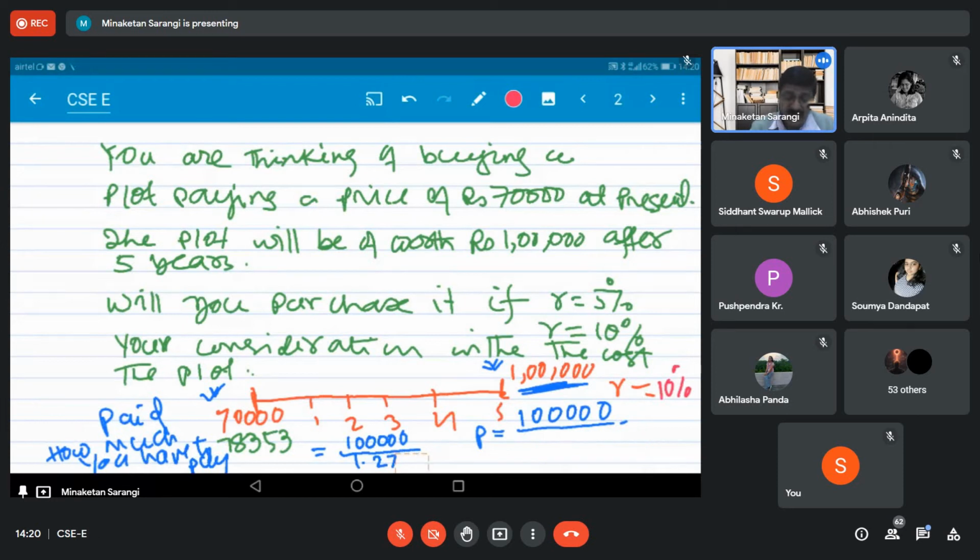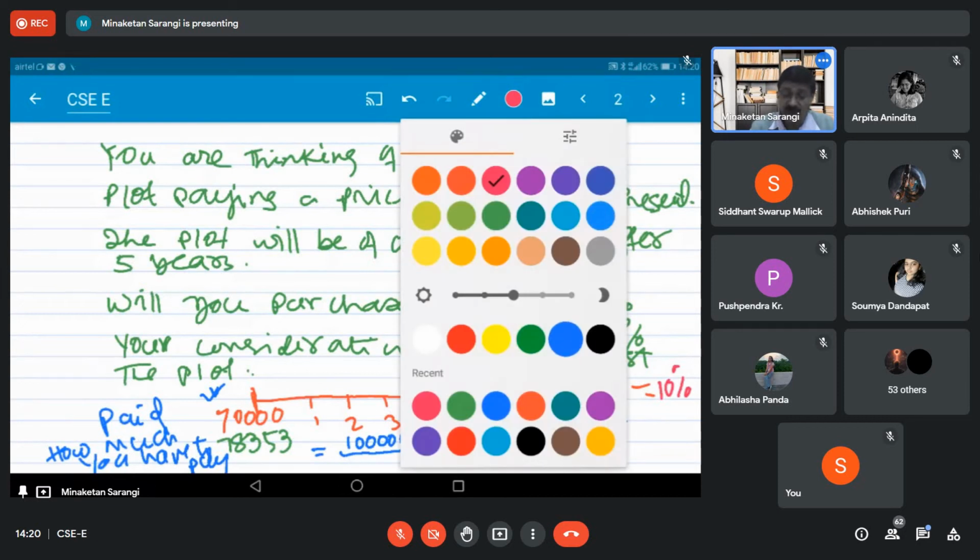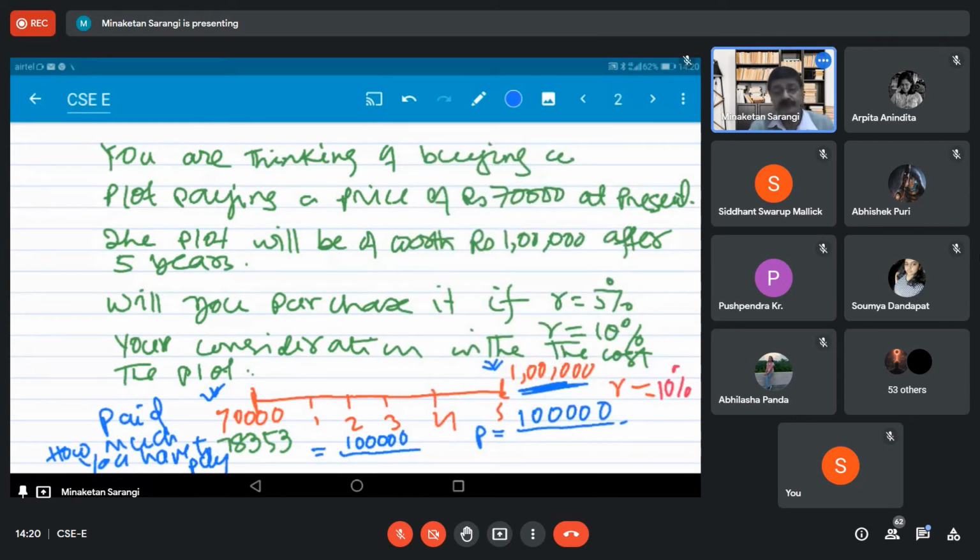Calculate and tell me if the rate of interest is 10% per annum. So tell me, what is the value?